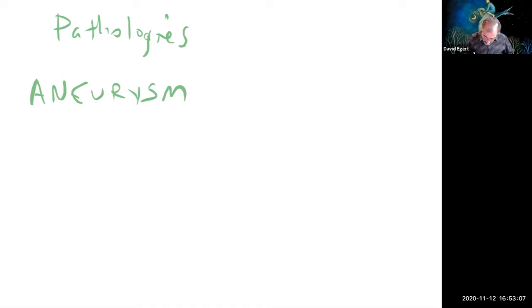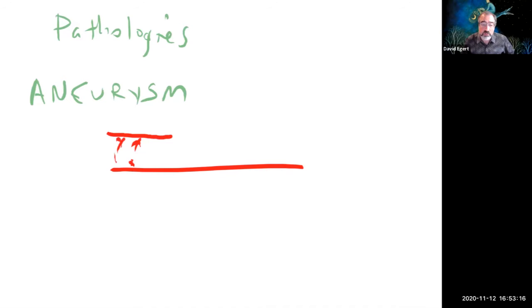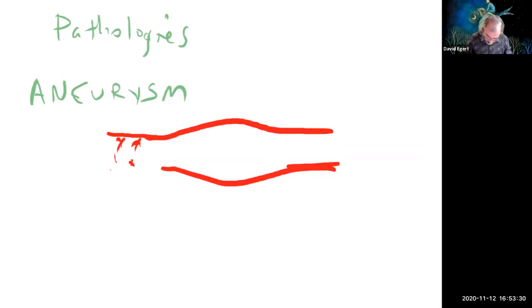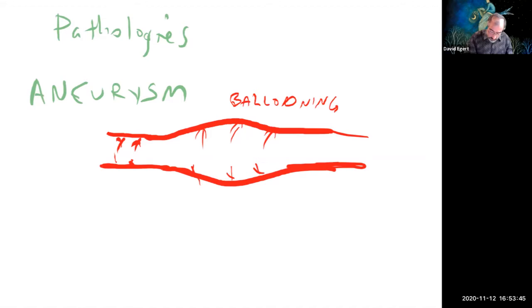If there's some kind of weakening, we have some artery somewhere, and there's the normal blood pressure, and normally the smooth muscle in the wall of the vessel is able to hold it and adjust the diameter appropriately. But if there is a weakening in that wall, you start getting this ballooning out. So that's what an aneurysm is.